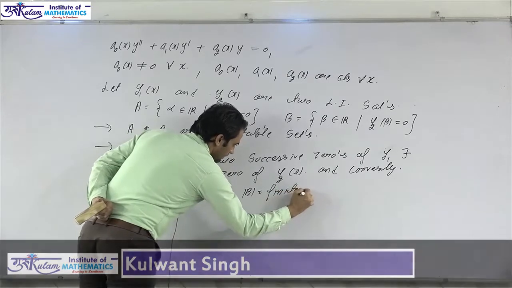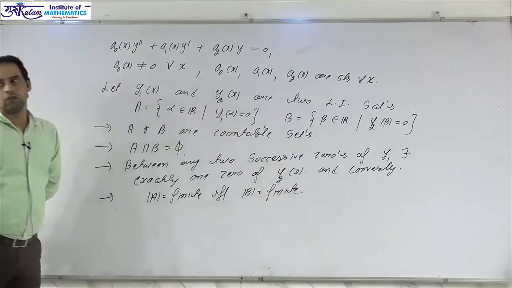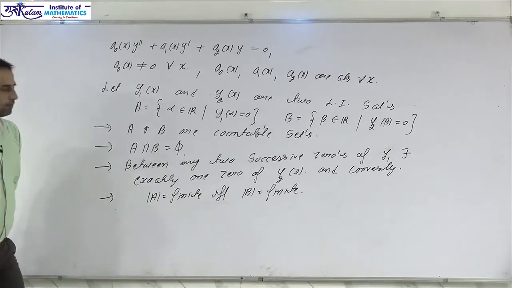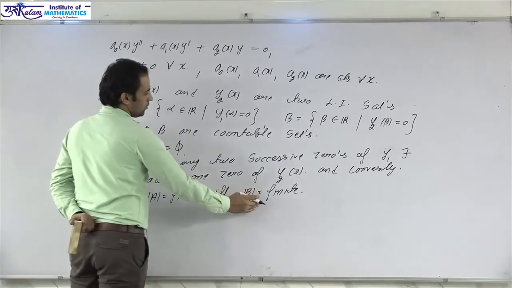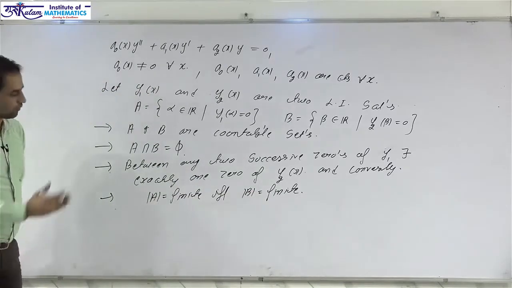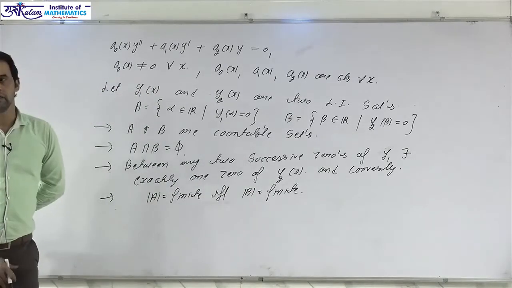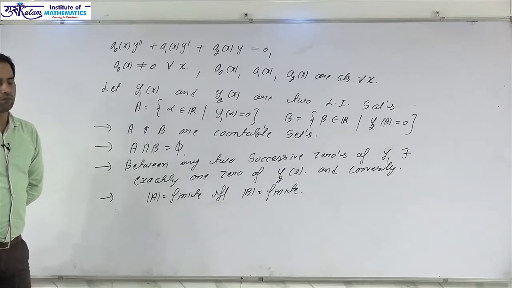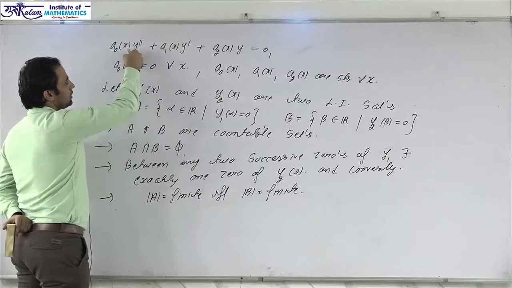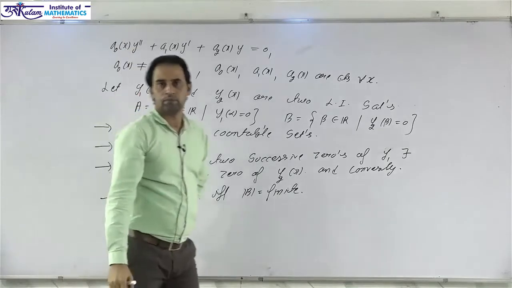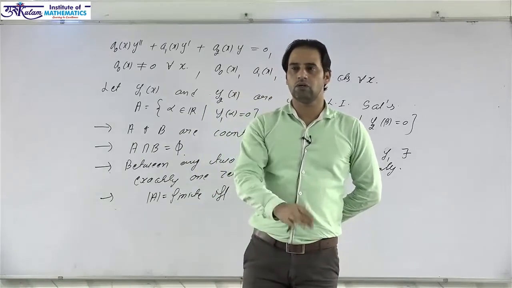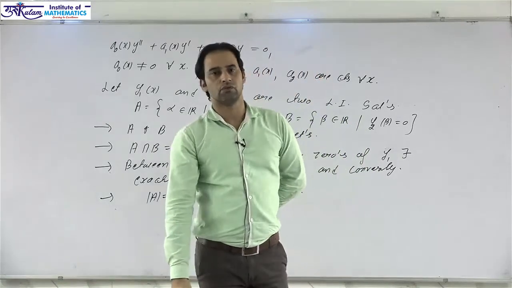Since between any two successive zeros of y1 there must be exactly one zero of y2, and between any two successive zeros of y2 there must be exactly one zero of y1, if the cardinality of A is finite, then the cardinality of B is finite. That is, if y(x) is any non-trivial solution of this differential equation which has a finite number of zeros, then every non-trivial solution has a finite number of zeros.